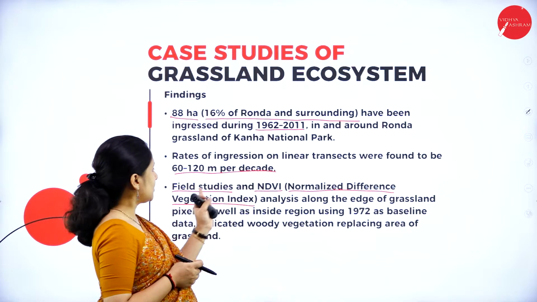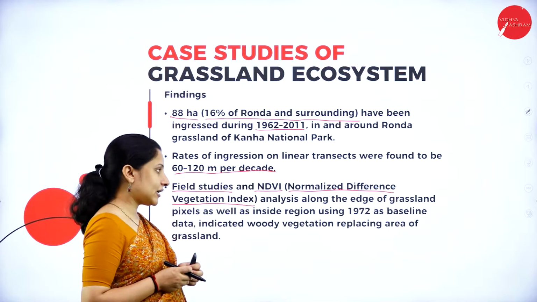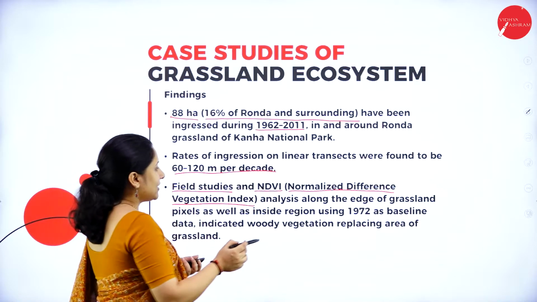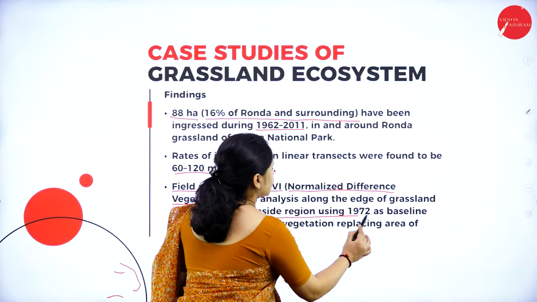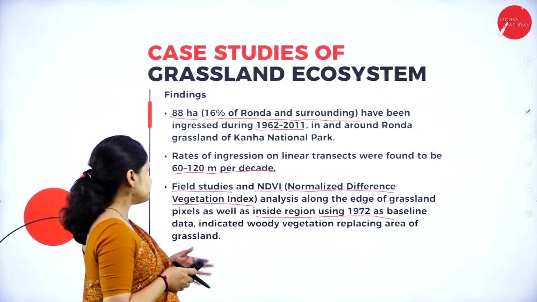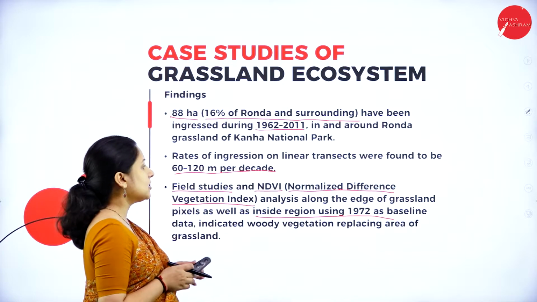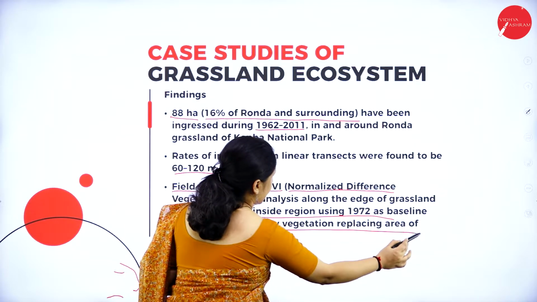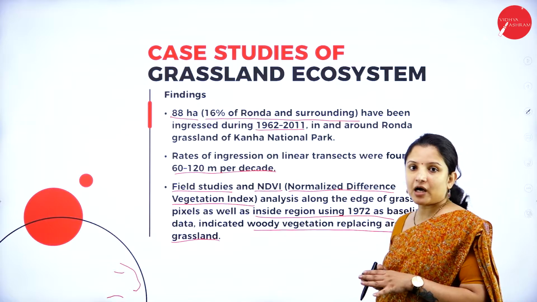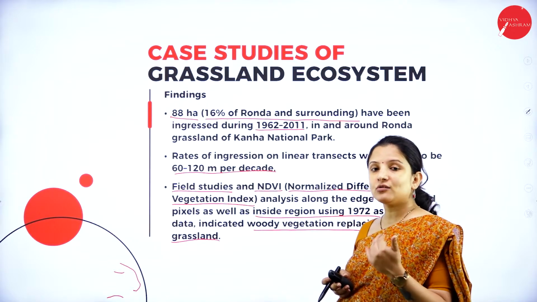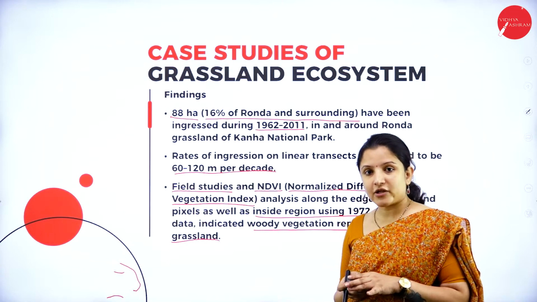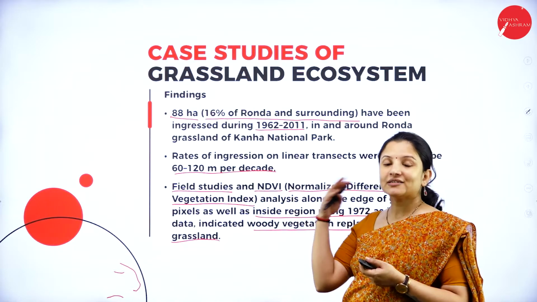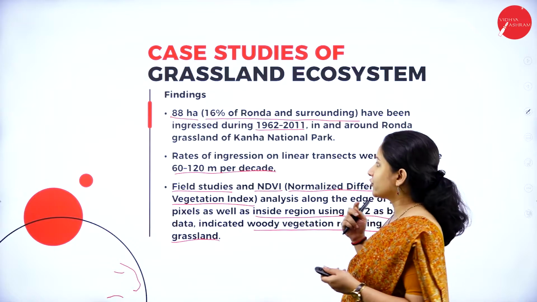For that they did field studies and NDVI analysis along the edge of the grassland as well as in the inner region of the grassland in 1972, and they found out that woody vegetation was replacing the area of grassland. So Kanha National Park, which was a grassland, is now being converted to woody vegetation. That is what they found based on the satellite images they had analyzed.